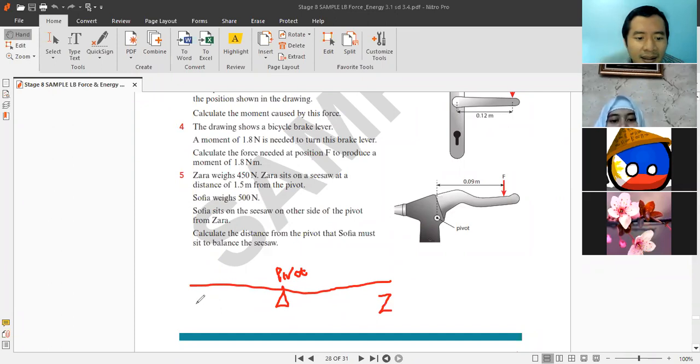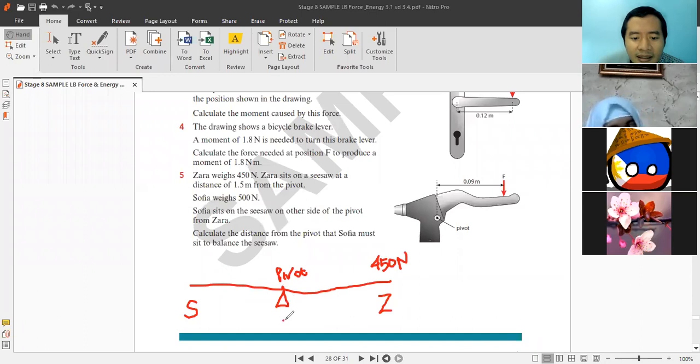Here is Sophia. Zara's weight is about 450 newtons. And Zara sits on a seesaw at a distance of 1.5 meters from the pivot.